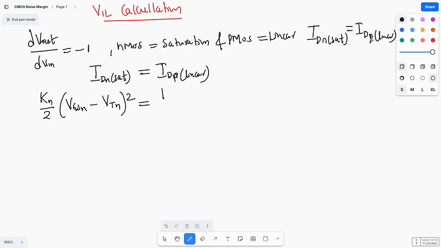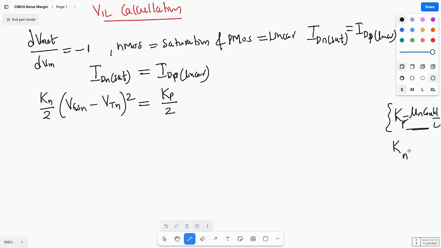PMOS is in linear region, so this is Kp by 2. So K equal to what? We already seen in the drain current equation, mu n COX W by L, that I considered as K constant. Mu n is nothing but mobility. This is for NMOS, and for PMOS this is Kp.